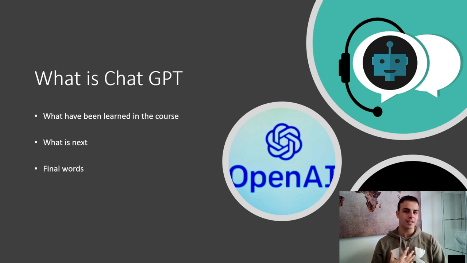If there is one thing that I want you to have learned from this course, it's to really use it for big projects, and especially coding. If you are in programming right now, yes, you still have to learn programming, because you need to understand the logic behind it, even though you can just ask Chatgpt to create the code for you. But of course, if you know how to program, Chatgpt is really a game changer.